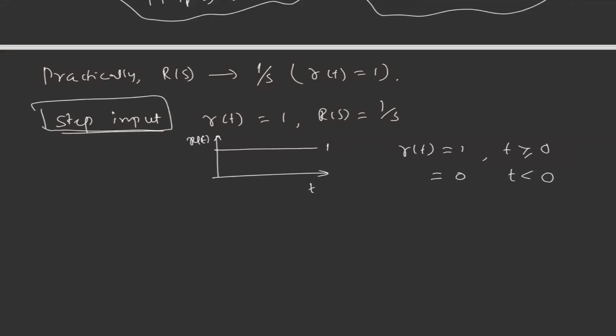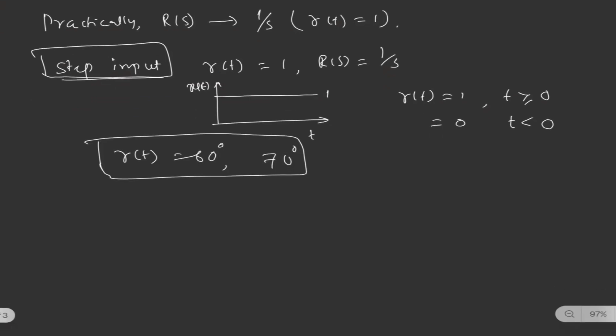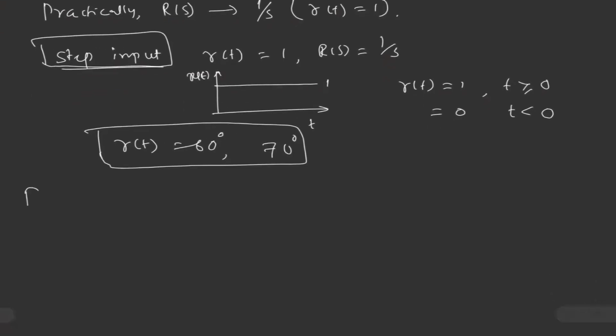Suppose we want to give R of t equal to 60 degrees, for example. And in the next case, we want 70 degrees, some constant value we want to apply to the system as a reference signal. In those cases, we can use our step input as a reference signal. Now there's another signal we can use, the ramp input. We denote the ramp input by R of t equal to t and R of s equal to 1 upon s squared.